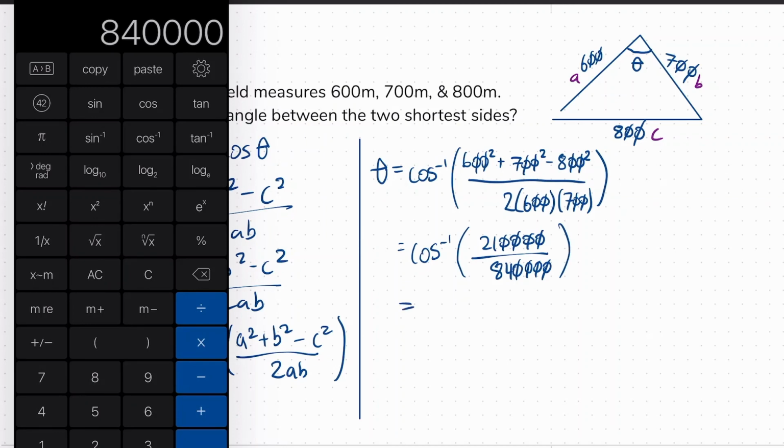Lots of zeros. All right, let's copy this answer.